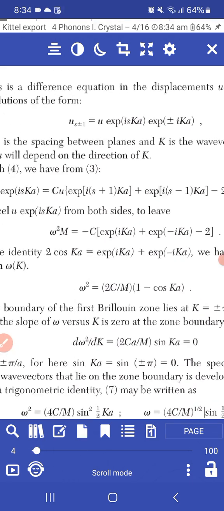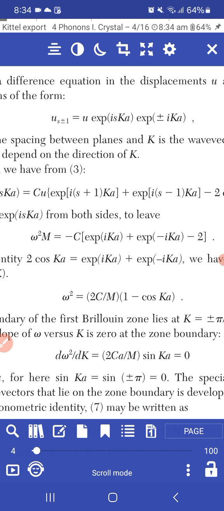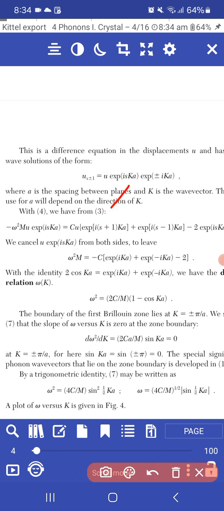So omega square m, ठीक है, is equal to exponential i k a, exponential minus i k a, minus 2. और माइनस को या तो यहाँ रखते या तो यहाँ रखते, माइनस को यहाँ रख दिया है. ठीक है, exponential i k a, exponential minus i k a और माइनस 2.